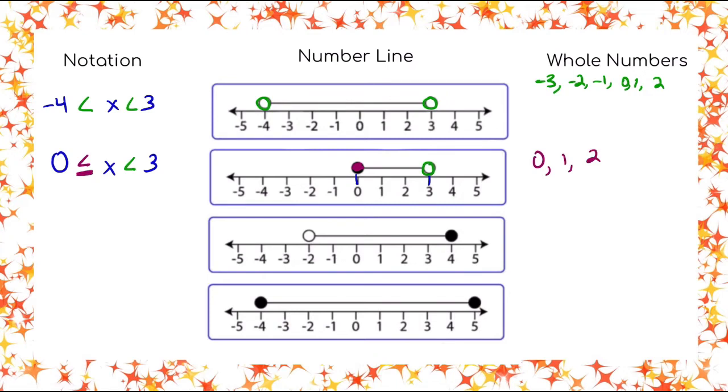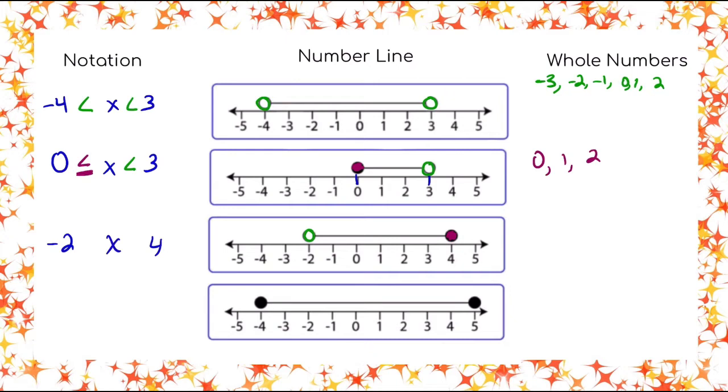Let's do another one. This one's opposite. I have an open circle and then a closed circle. What do you think the notation would be for the third one? Okay, so I'm going to include -2 and 4 with my x in between.